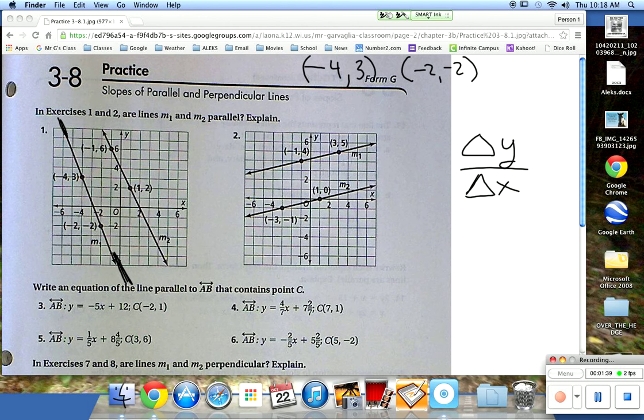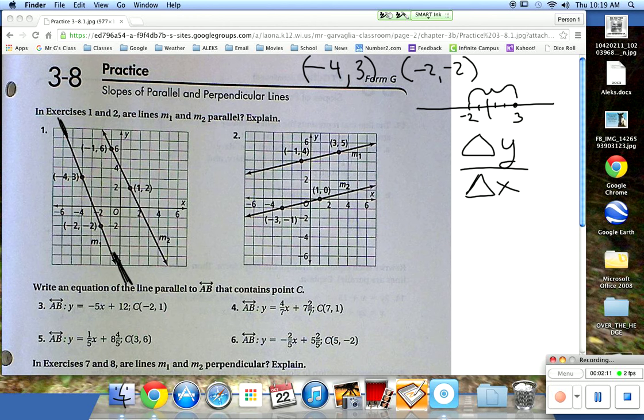Slope formula, Damien. What's the difference between this y and this y? If I was to draw a line like this, I'd go 1, 2, 3, and I'd go 1, 2 in the negative, right? What's the distance between these two?